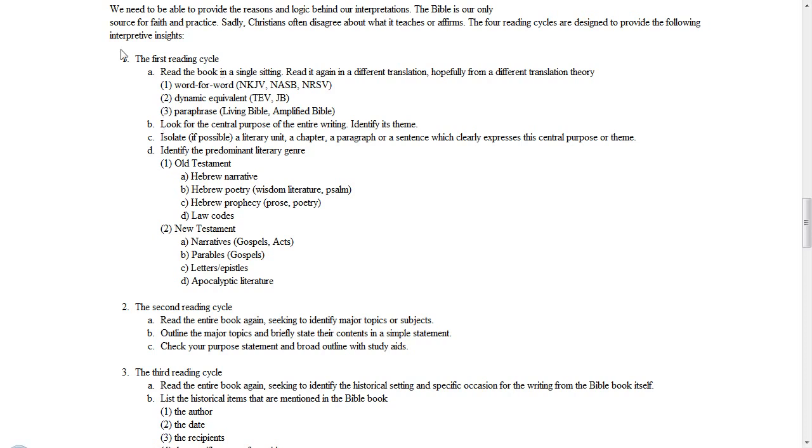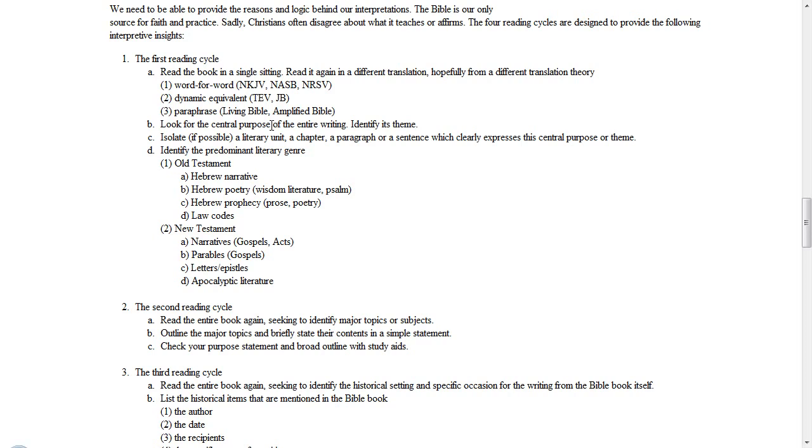Now, in this first reading cycle, you don't want to do too many things. You just want to focus on one thing. That way, you don't get too many things on your plate. So look for the central purpose in the entire writing, and just try to identify that theme. If you do that, you're doing really good.